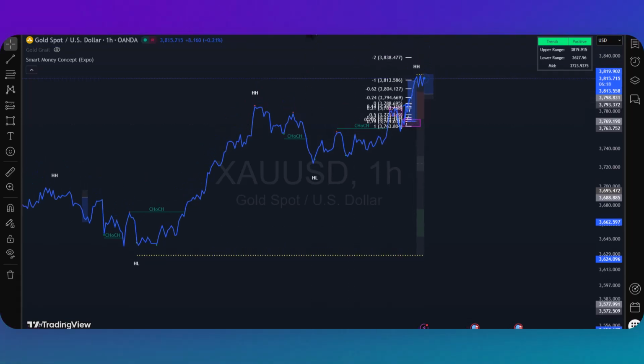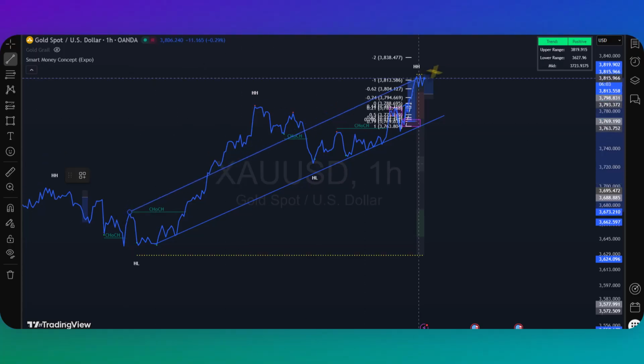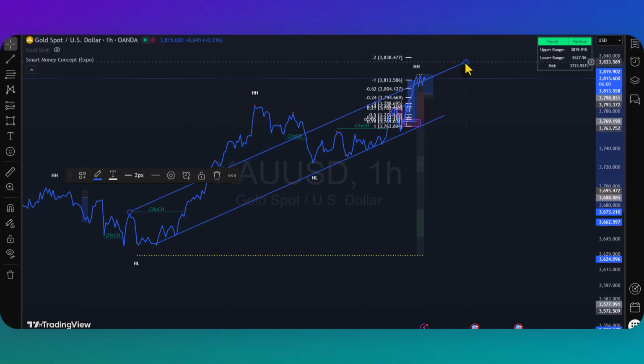So for example, now like this, then you now add a parallel line, you form what's called a channel.